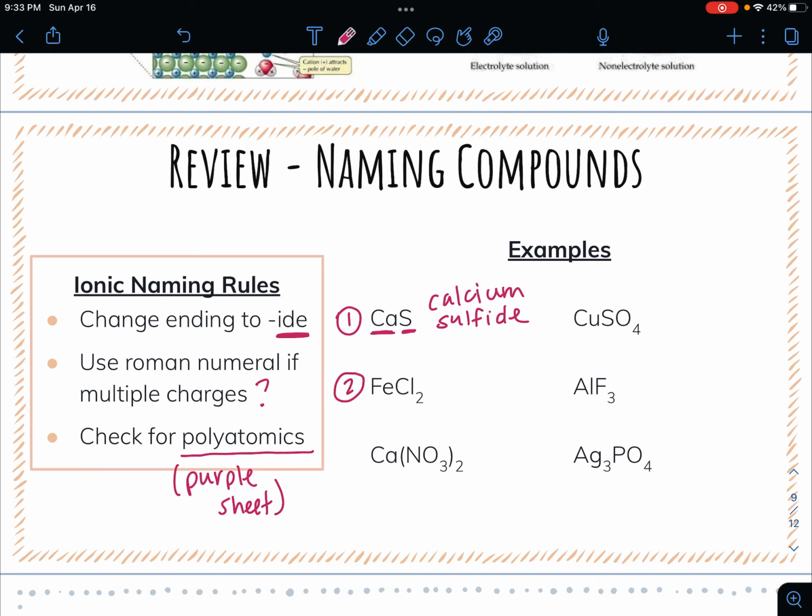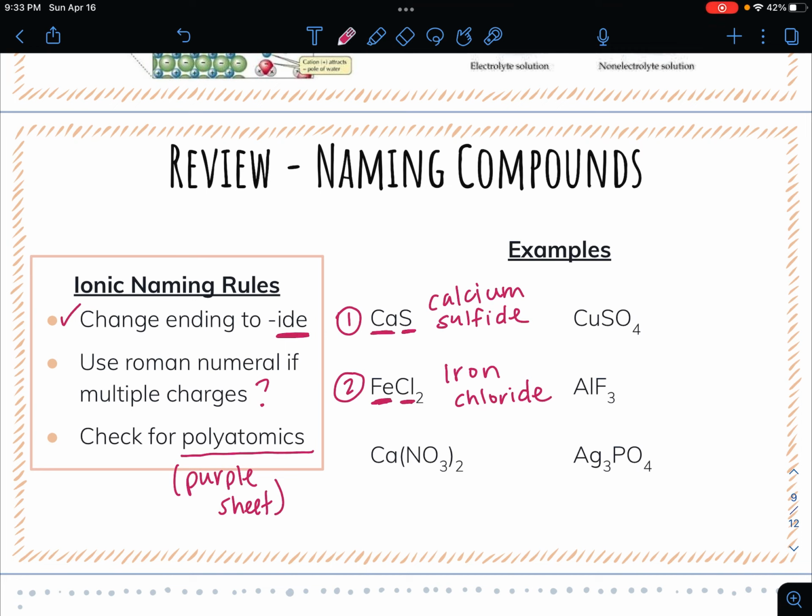Okay, let's look at number 2. Again, we're going to name the first thing. We have iron, and then we have chlorine, but remember, we're going to change it to chloride. Now we need to look at Roman numerals. Does it have multiple charges? If you look on the back of your periodic table, you will see, yes, it does have multiple charges. So that means we need Roman numerals.